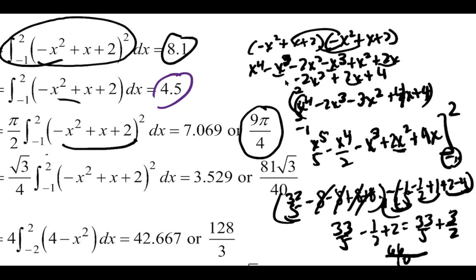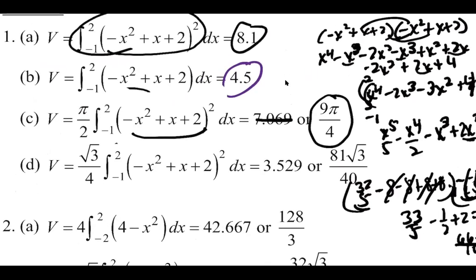So yeah, we got 66, multiply that by 2, multiply this by 5. So that was 81/10. All right, so this answer right back here is incorrect. This would have to be 8.1 times pi over 2, or 81/10 times pi over 2.